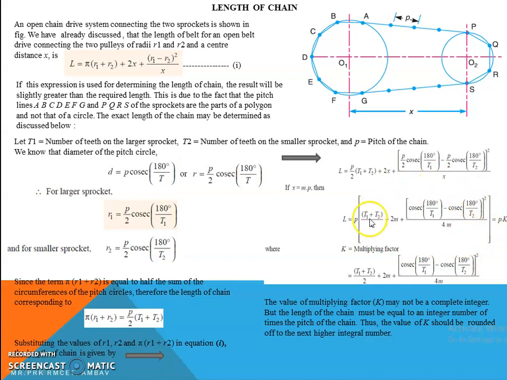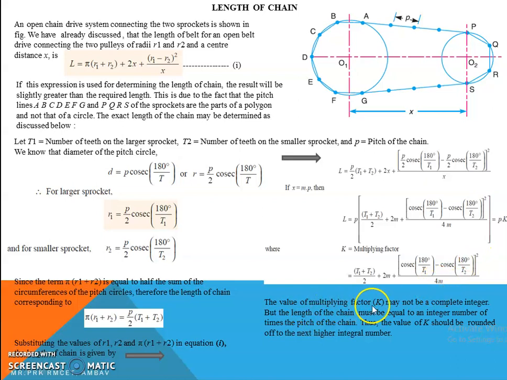Now for this term just consider K, where K is the multiplying factor. So K equals (T1 + T2)/2 + 2M + (cosec(180/T1) − cosec(180/T2))² divided by M.